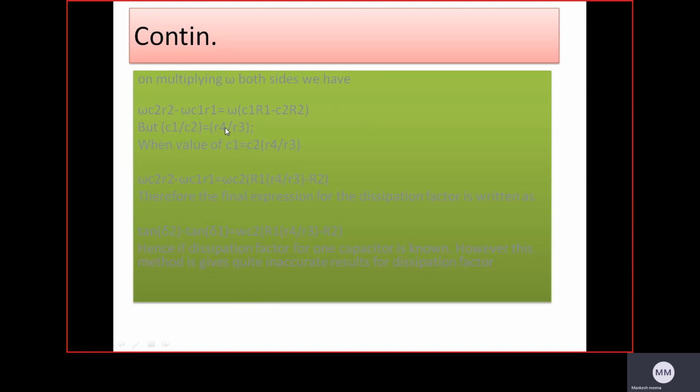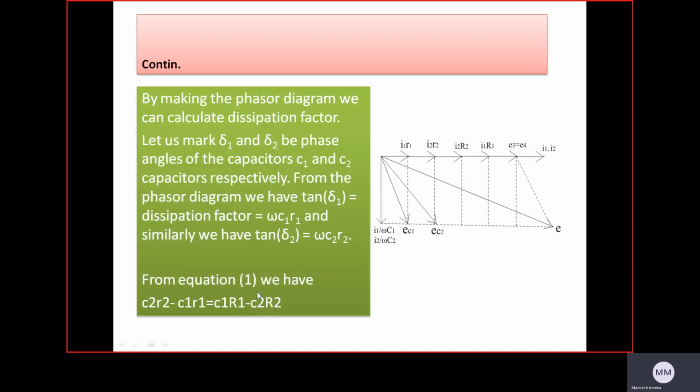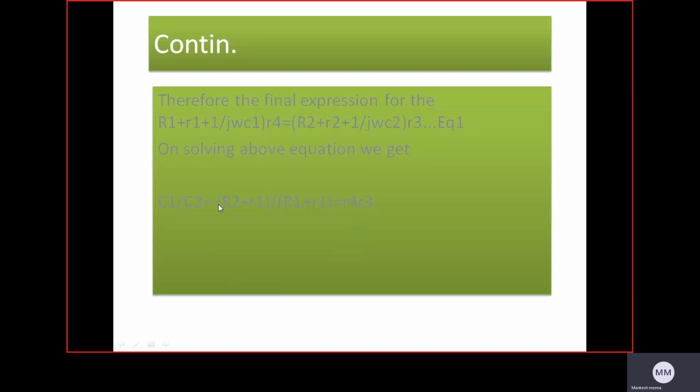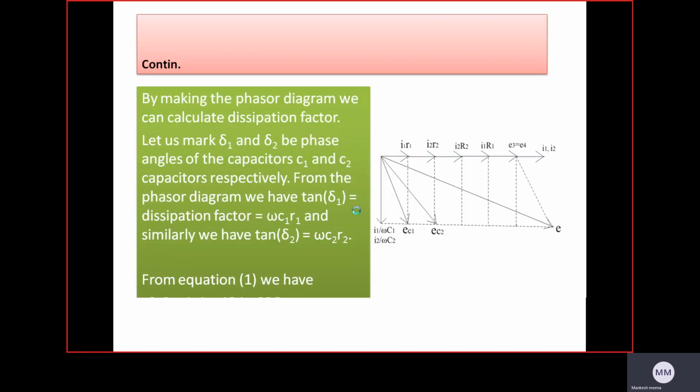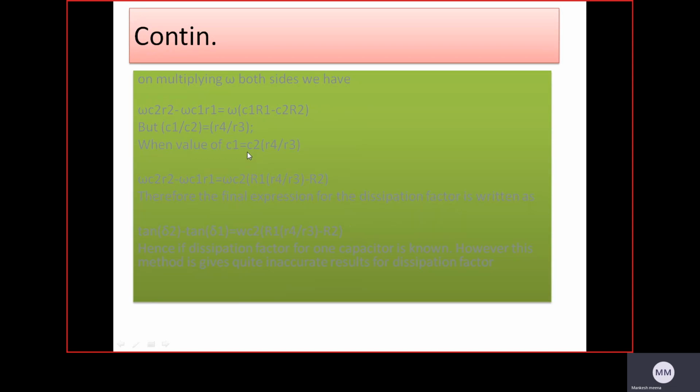But C1 upon C2 equals r4 by r3. So we put the value of C1 equal to C2 multiplied by r4 upon r3 in this expression.